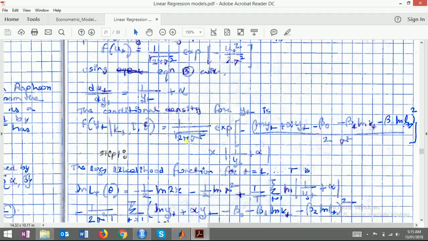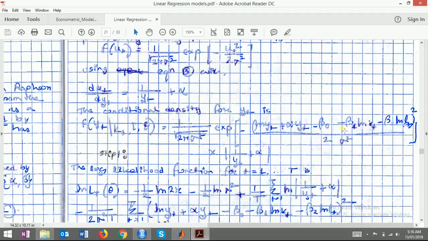We have 1 by root over 2 pi sigma square, exponential of minus, well, this is the whole equation: log of yt plus alpha yt minus beta naught plus beta 1 log of kt minus beta 2 log of LT, whole square, multiplied to the representation that we have just received, dy of ut. So this is the whole equation basically.